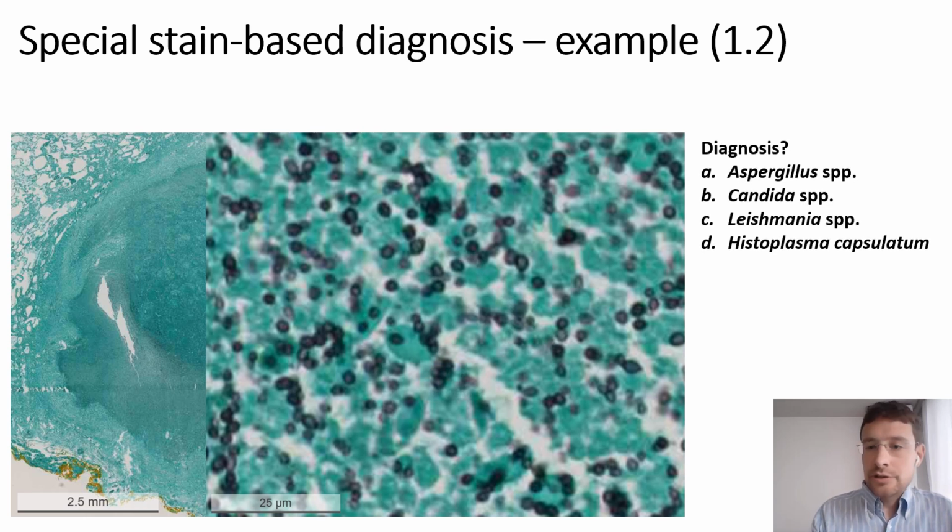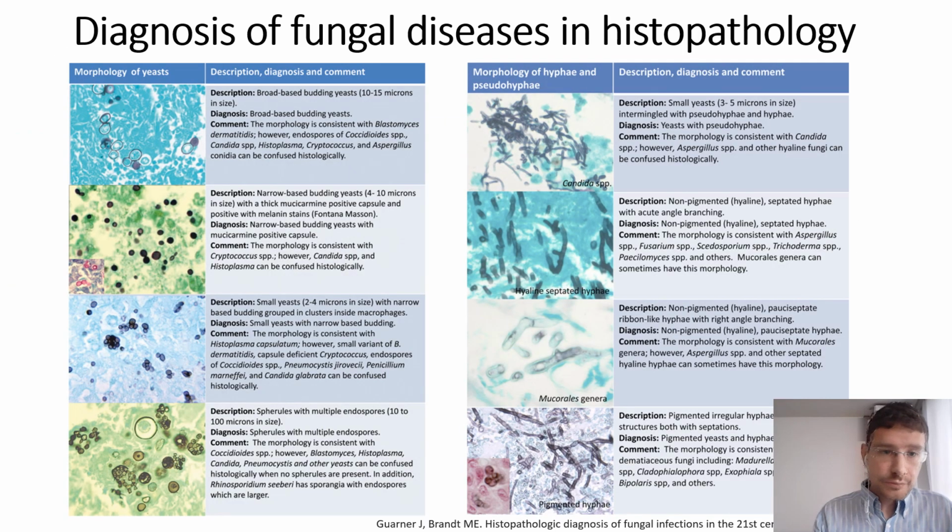And what is your diagnosis here? What do you think? Well, we have a morphology which is consistent with Histoplasma capsulatum, and this hypothesis was confirmed by the microbiology lab with panfungal PCR. So fungal diagnosis is not so easy in anatomical pathology.